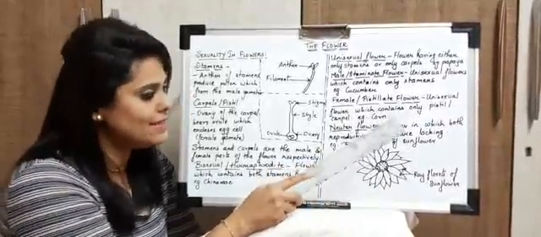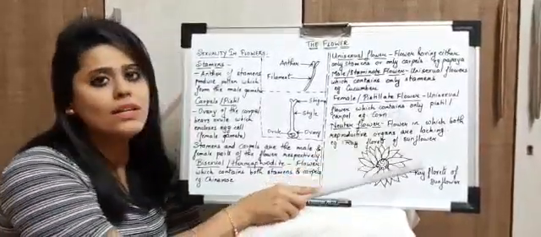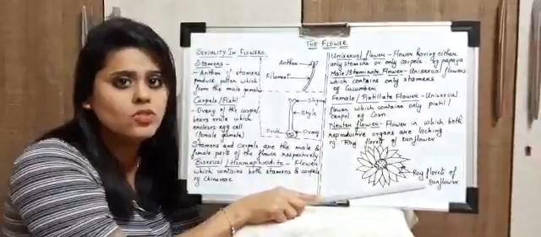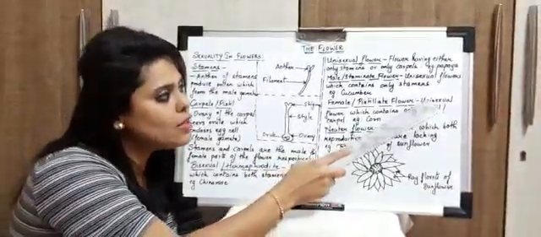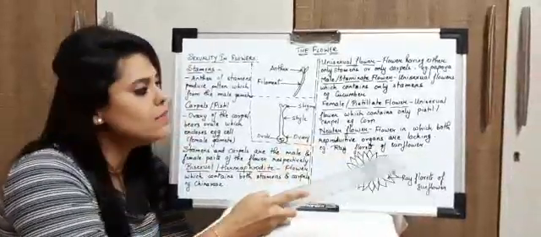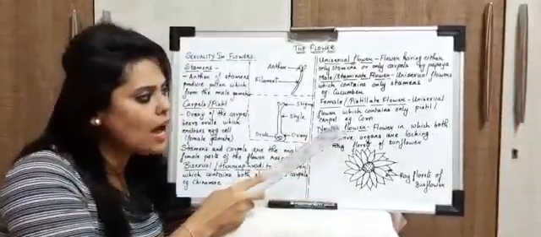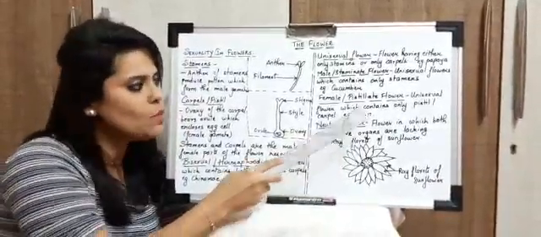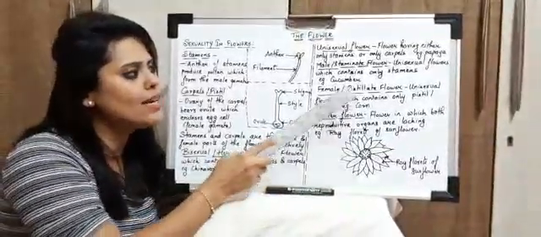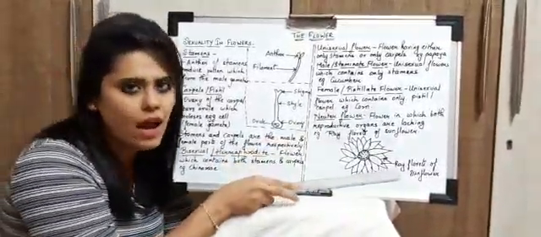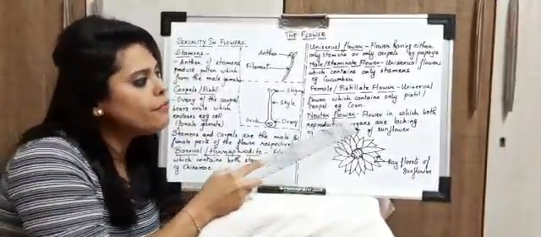Again, as I said, the name is going to define you all everything. That means the unisexual flowers which contain only pistil or carpel part, that means only one reproductive part, is called as the female or the pistillate flower. Example is corn.